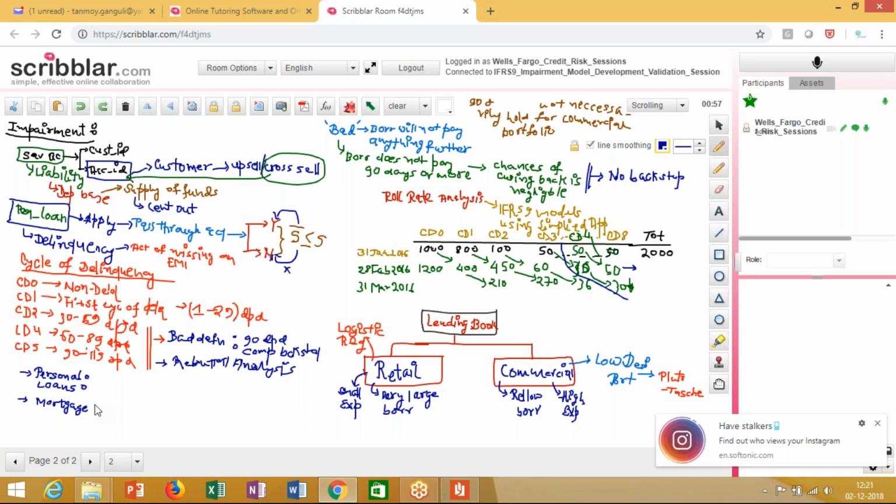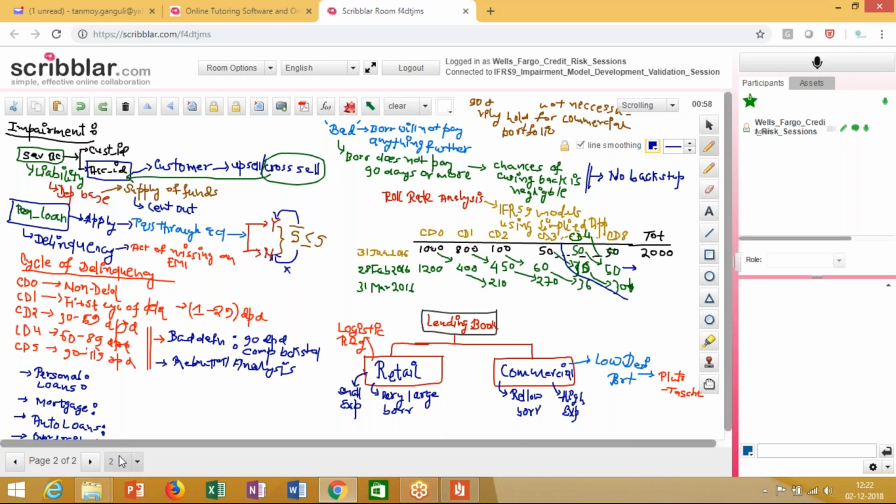Then the next thing is auto loans. And the next thing is ODs or overdrafts. These are some of the asset classes that we generally would like to talk about. So we have personal loans, mortgage, auto loans, and overdrafts.